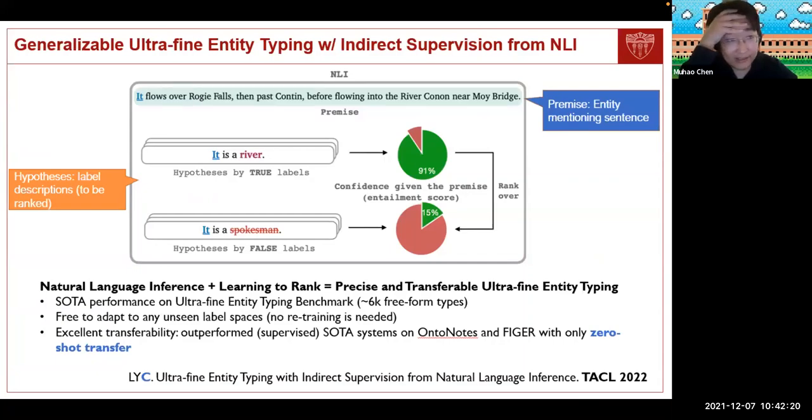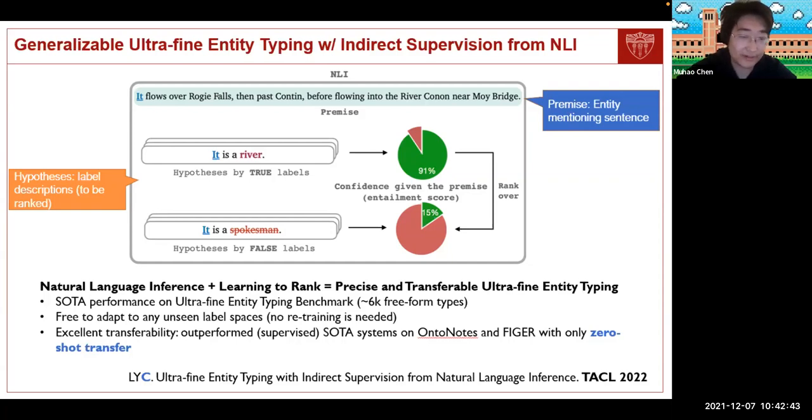Okay, so lastly, most recently, we are also working towards the goal of dealing with open domain, free-form, ultrafine knowledge acquisition, in which we allow any kind of labels to appear during inference time that we haven't seen in the training. And typically in this situation, we are dealing with thousands of labels.